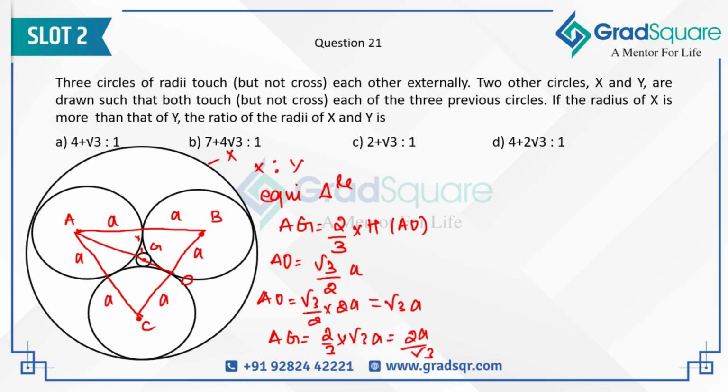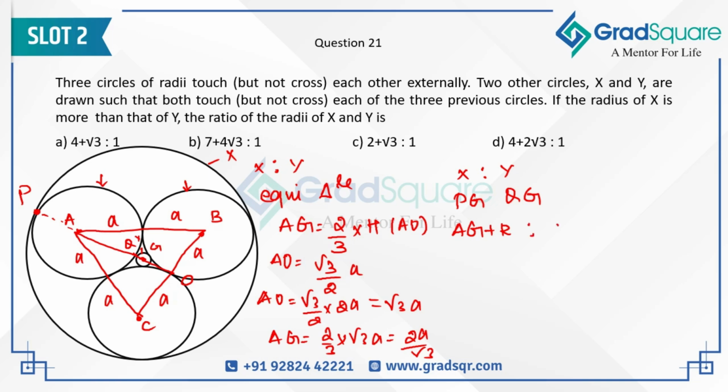Now I have to find the radius of x and y and the ratio between these two radii. Now from point P to point G is the radius of the larger circle, that is PG. And let me take this as Q, this point Q. So QG will be the radius of the smaller circle. Now what is PG? AG plus the radius of the three circles, this circle.